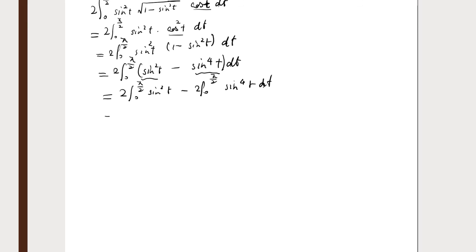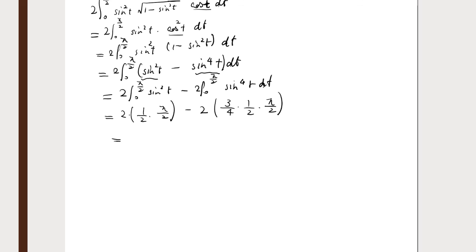All right, so the first one will become 2 times 1 over 2 times pi over 2, because it's an even number. And this one is going to be 2 times 3 over 4 times 1 over 2, and then pi over 2.